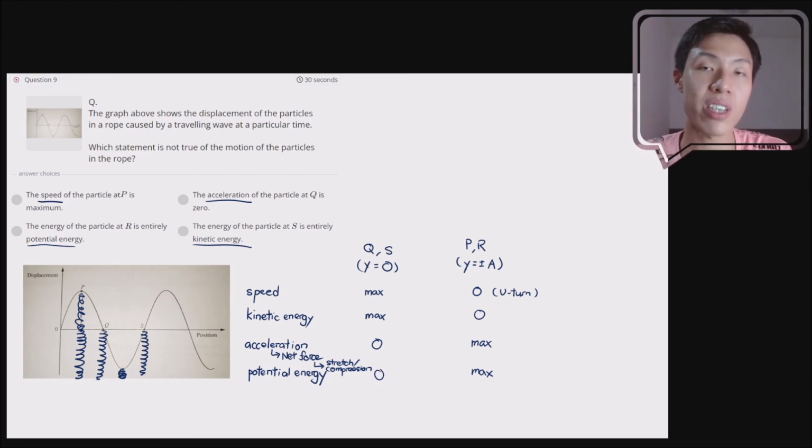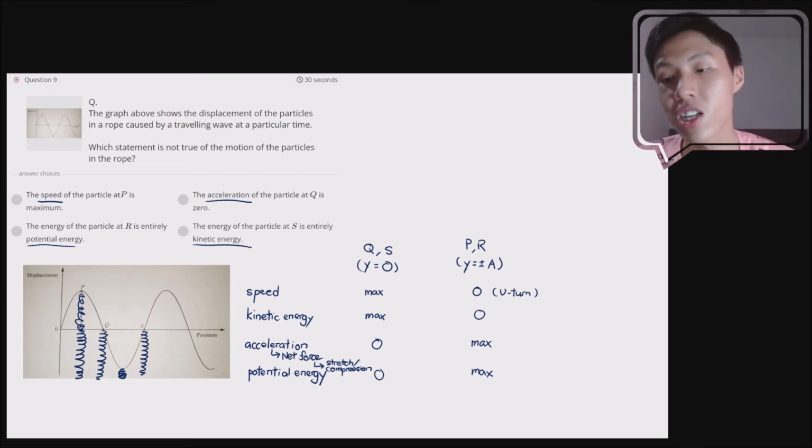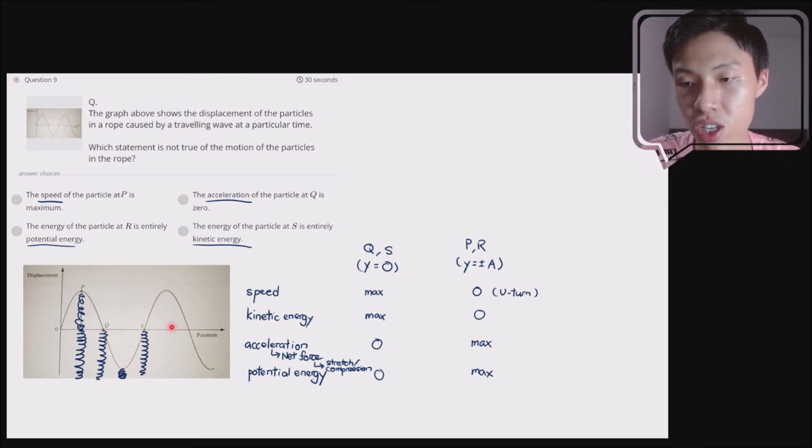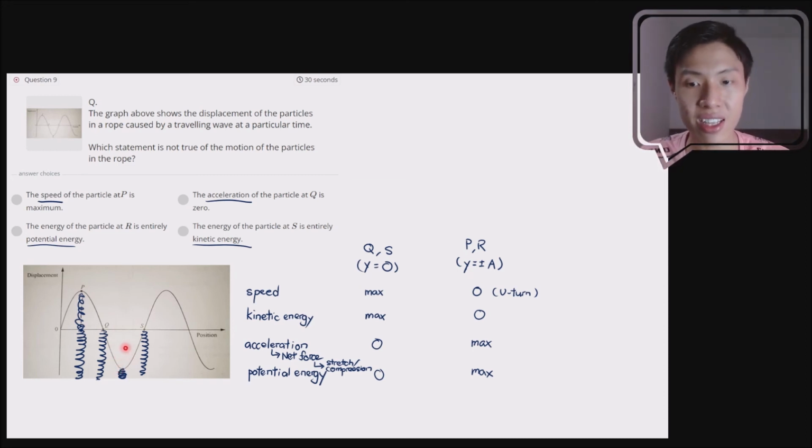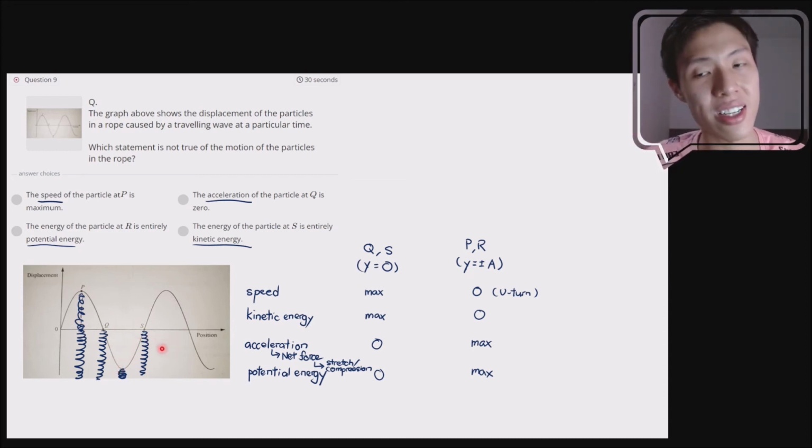The easiest way of thinking about SHM is thinking about it as a spring oscillating. So you can think of every particle as connected to a spring which is fixed at one end. Now, when you change height, that means you are changing the stretch or compression of the spring. Okay, so that's the idea. The actual mechanism is not exactly like that.